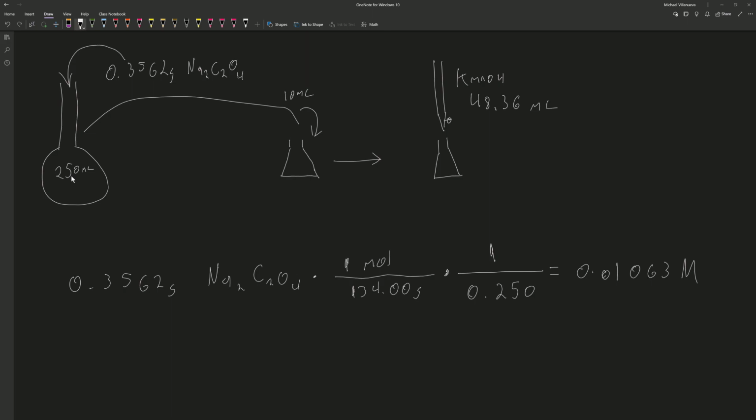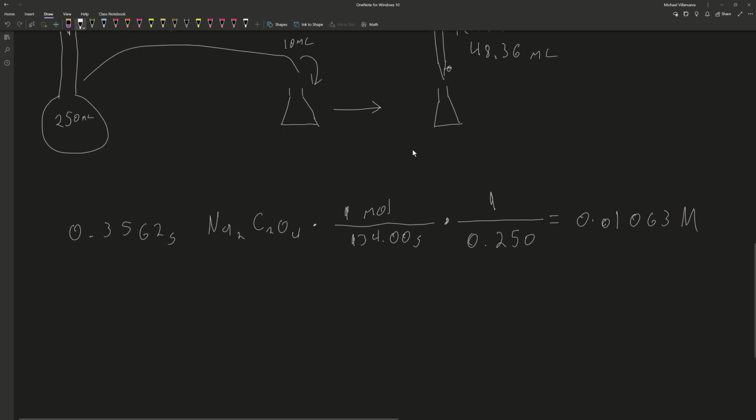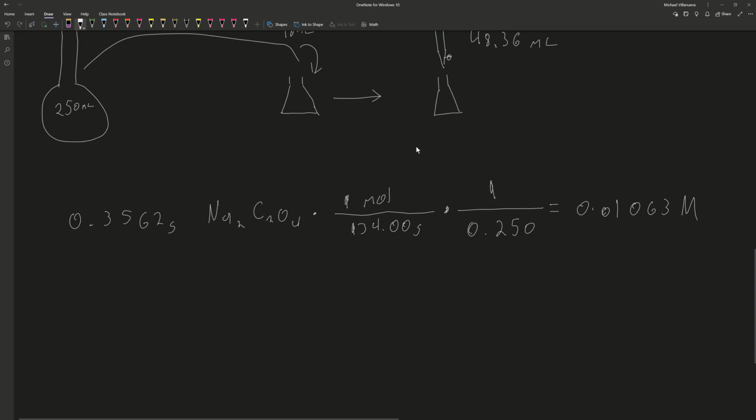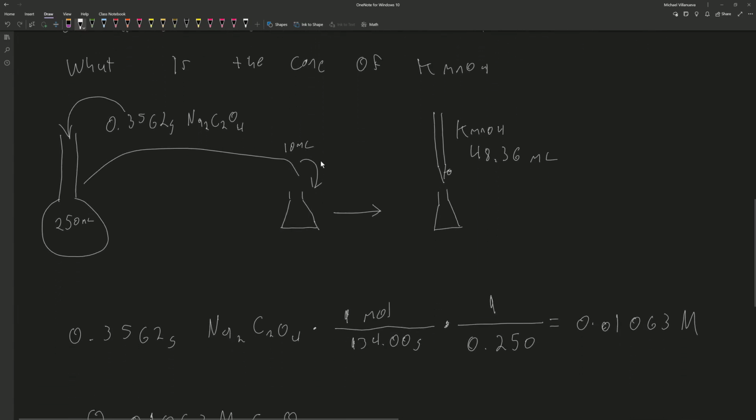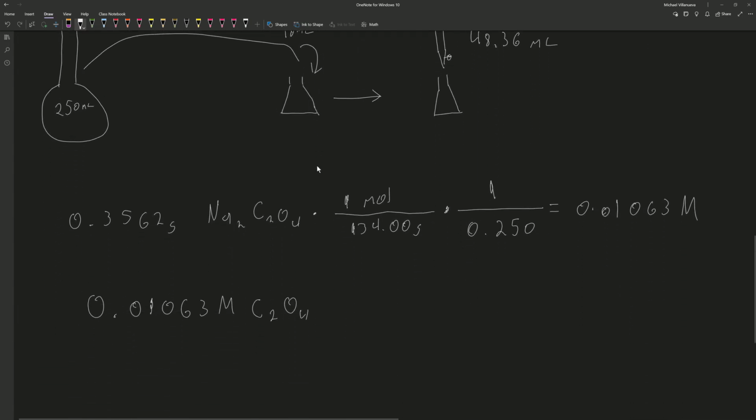But remember, we are essentially taking a portion of that solution and using it for our titration. So, to finish this off, we will say that we have 0.01063 molar of this C2O4. And just so I note for you guys, the Na2C2O4 and C2O4 I am essentially interchanging around here, but it technically doesn't matter.